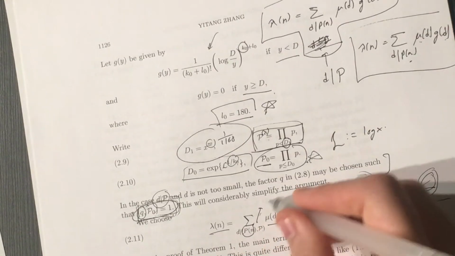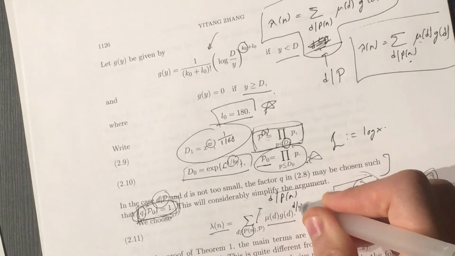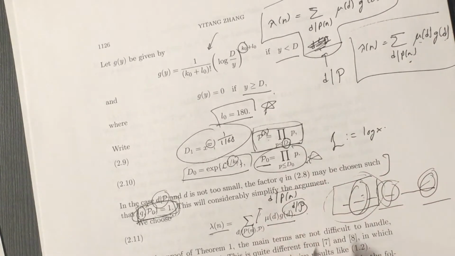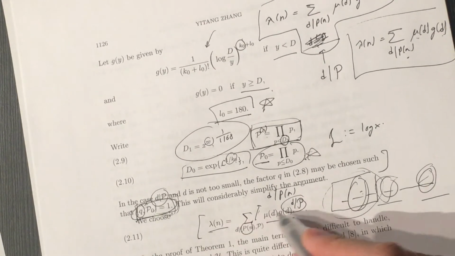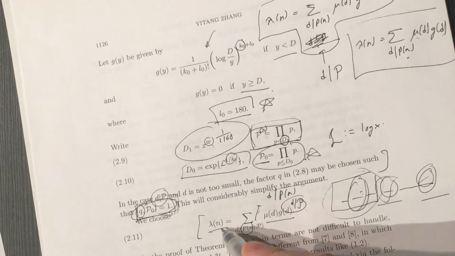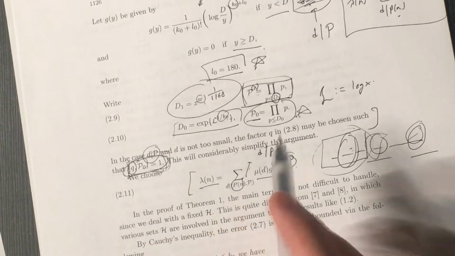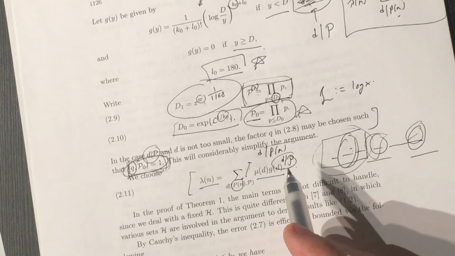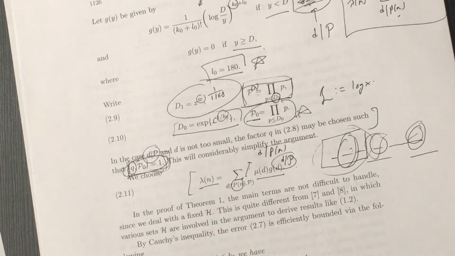And so this is of course equivalent to d divides p of n and d divides curly p. So he's essentially just adding one condition, which is that d must also divide curly p. And this is exactly what he was saying before: if you add this one condition and define the lambda this new way, he's going to show that this will satisfy the nice bound on the main term, as well as be able to bound the error term using this slight modification.